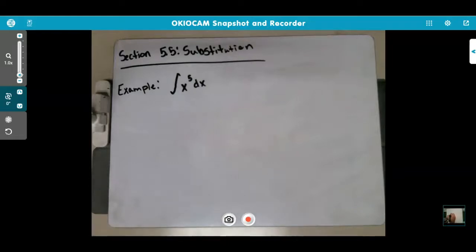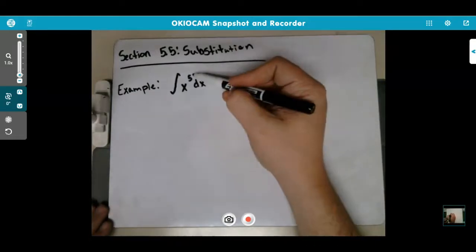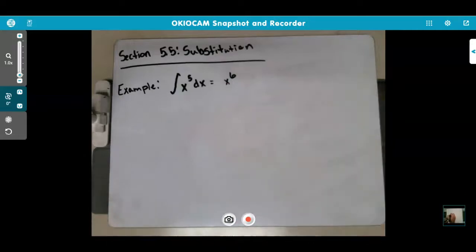As we learned in chapter 4, section 10, what this wants is the antiderivative of x to the 5th, right? Well, how we said we do that is we add 1 to the power, making it x to the 6th, and then divide it by that new power.